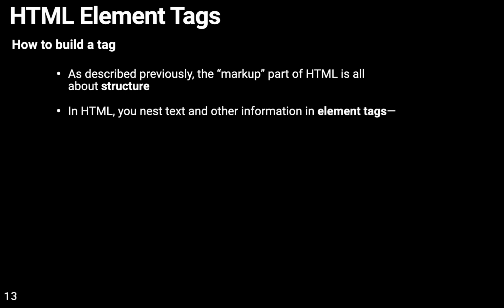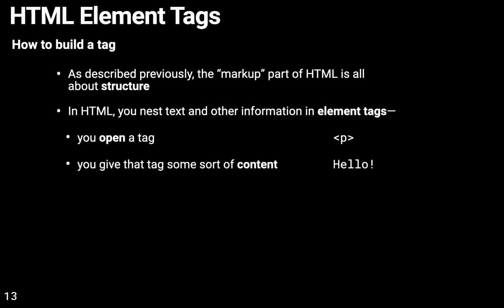So in HTML, you nest text and other information in element tags. The basic way you do that is you open a tag, like bracket P bracket. You give that tag some sort of content, usually some kind of text string or potentially another tag. And then you close that tag. And that is itself a simple HTML element, right?